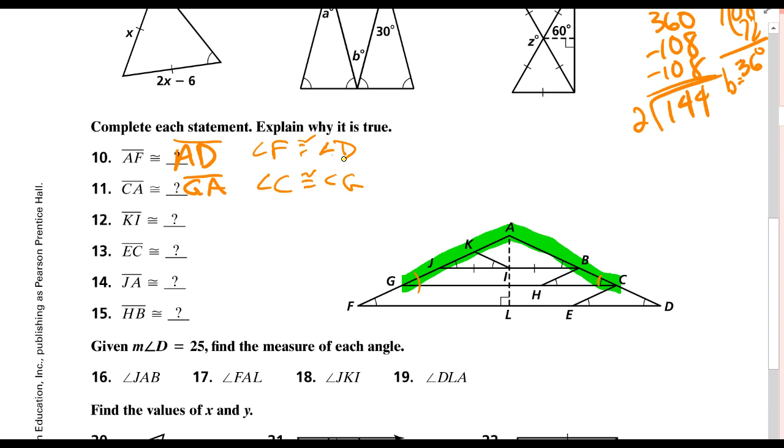KI would be congruent to KJ because angle KIJ is congruent to angle KJI.